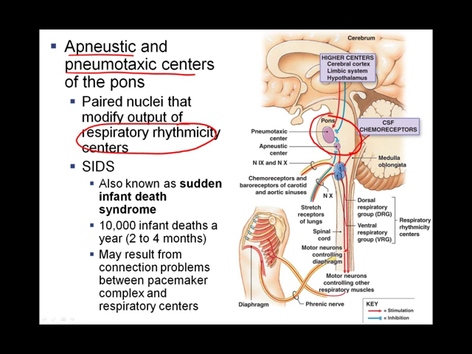Here is the medulla oblongata. And here's the pneumotaxic center. Here's the apneustic center. Here are the respiratory rhythmicity centers. They are in contact. The syndrome known as SIDS, sudden infant death syndrome, might be because of connection problems between the pons and the medulla oblongata.